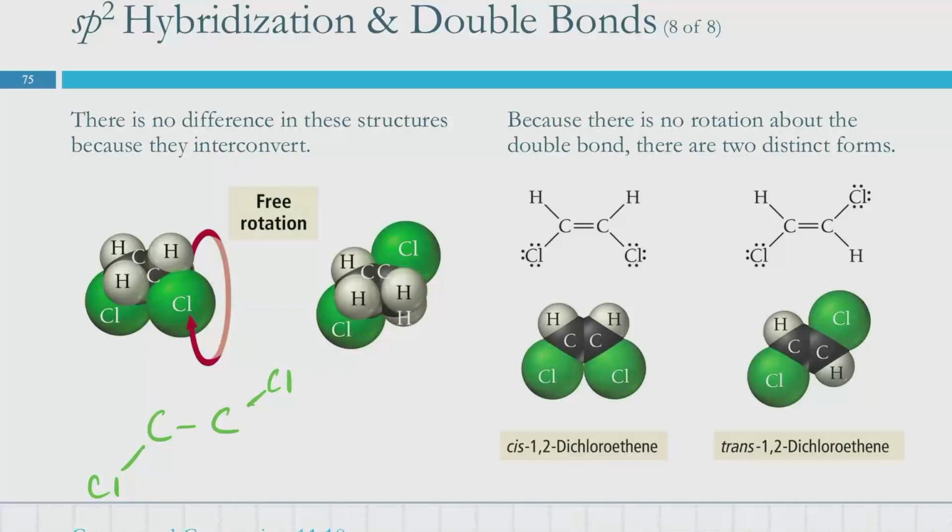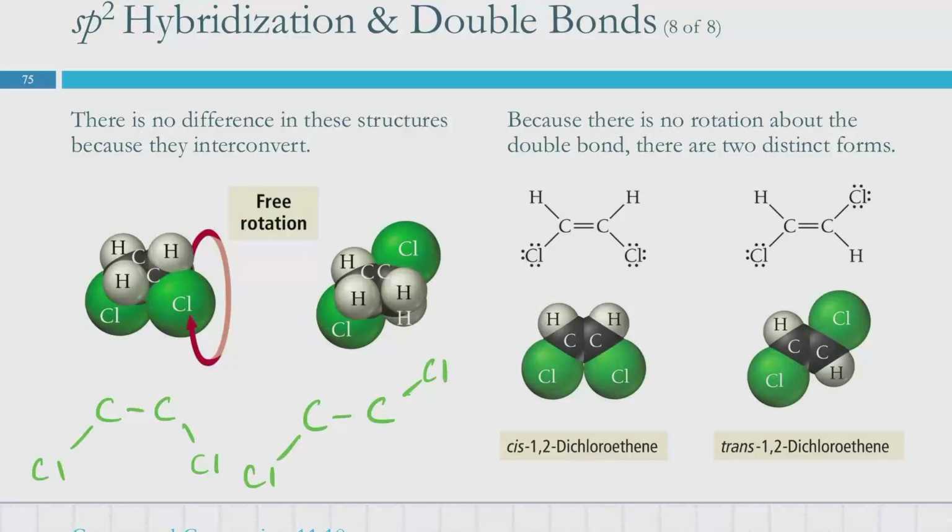I'm omitting everything that's not the carbons and the chlorines. But because we can rotate around a single bond, we just rotate this carbon and chlorine and it interconverts to this other form.